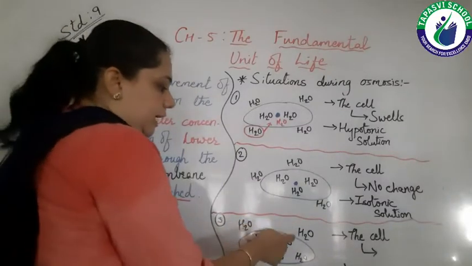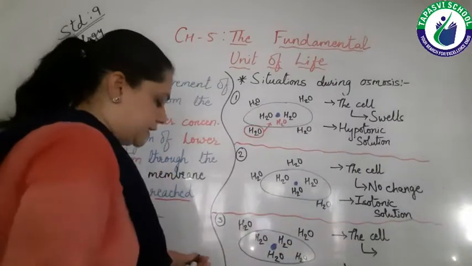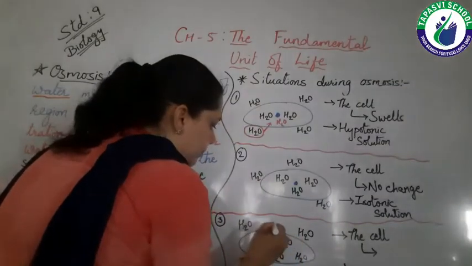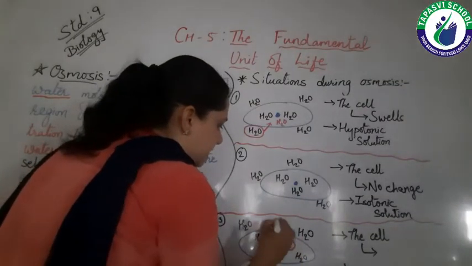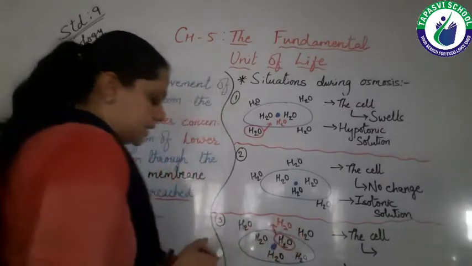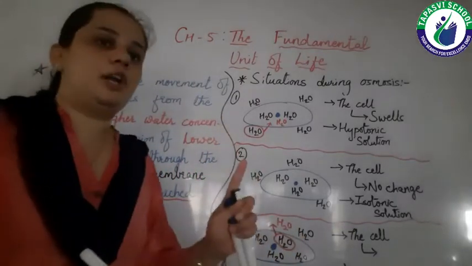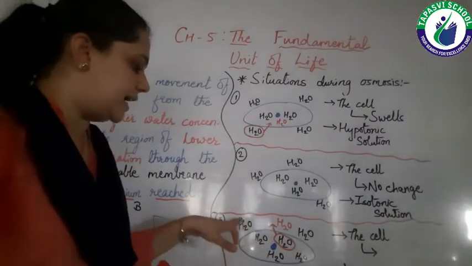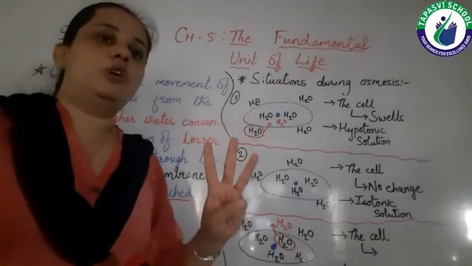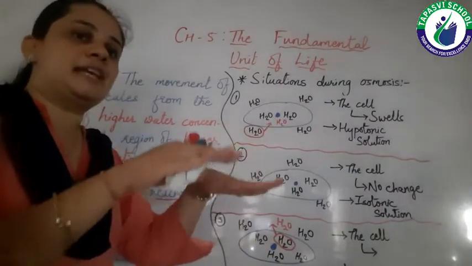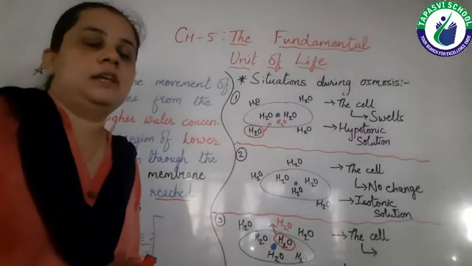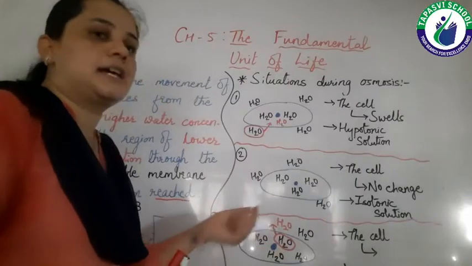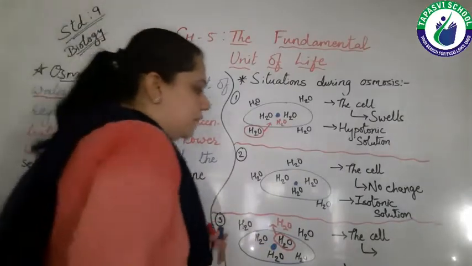The water molecules from the inside of the cell will move to the outside of the cell. For example, this water molecule is moving from inside to outside. Till how much will it move? Here only one molecule will move, because as it moves outside, both inside and outside the cell there are only 3 water molecules, means equilibrium occurs, right? So here, as the cell loses the water, the cell will shrink.